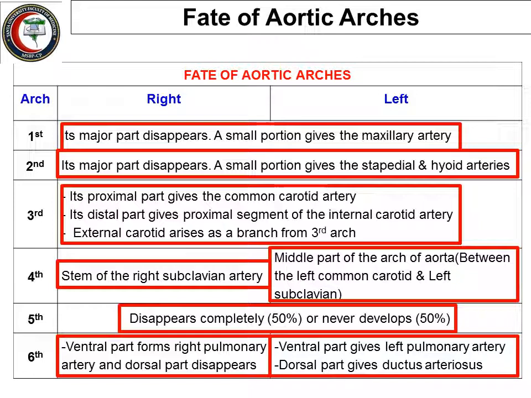The ventral part gives the left pulmonary artery, and the dorsal part gives the ductus arteriosus, a duct which, if it persists after birth, connects the left pulmonary artery with the arch of aorta, but during development connects the left pulmonary artery with the left dorsal aorta.